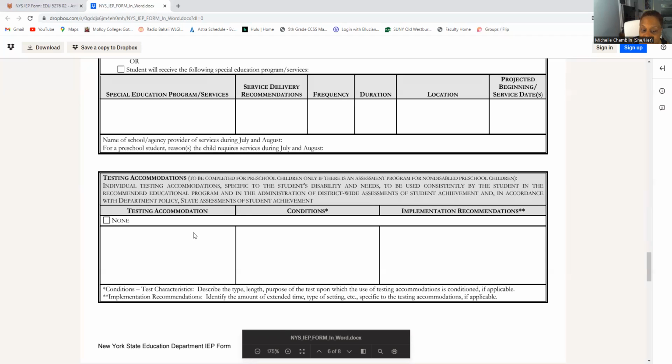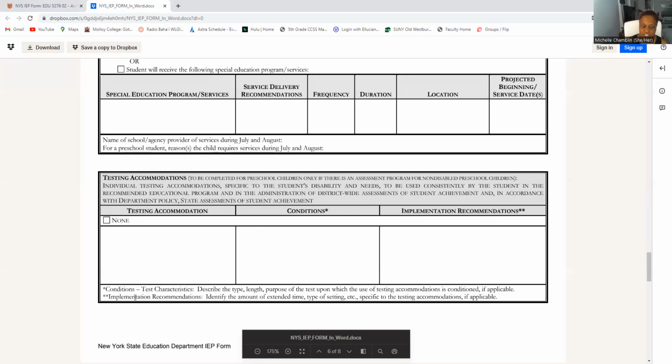So whatever testing accommodations we have here, there are testing accommodations that the student has to use all the time. We can't just give them testing accommodations for state test or high stakes test only. They are to be used consistently for all tests of a particular type.